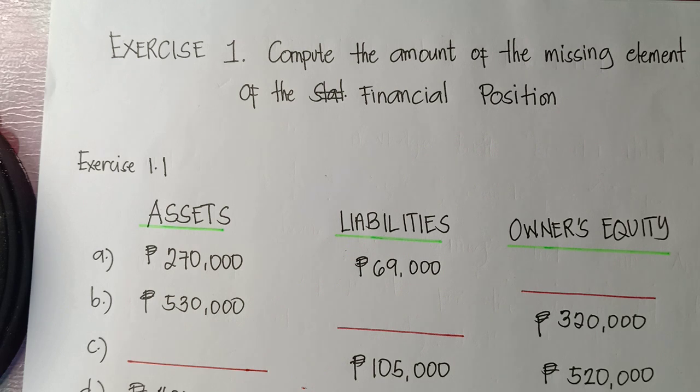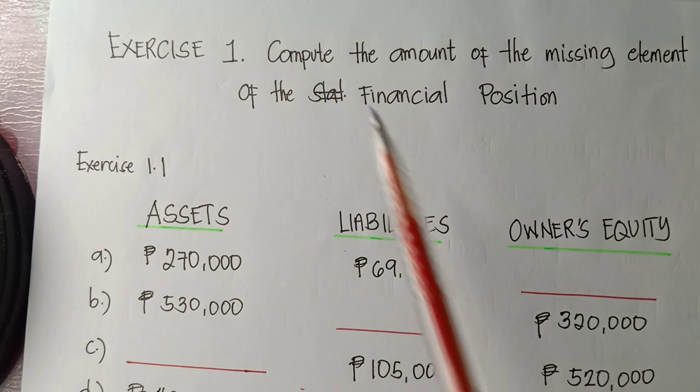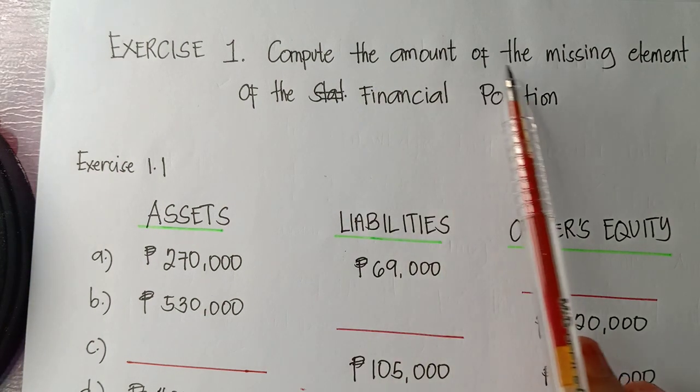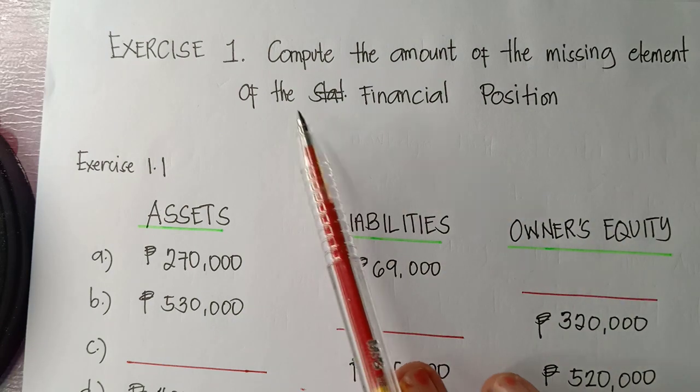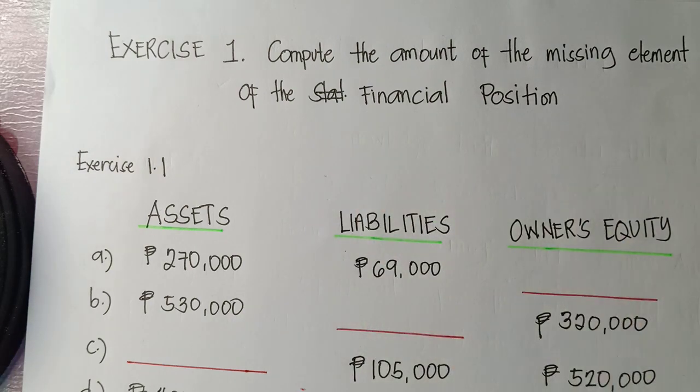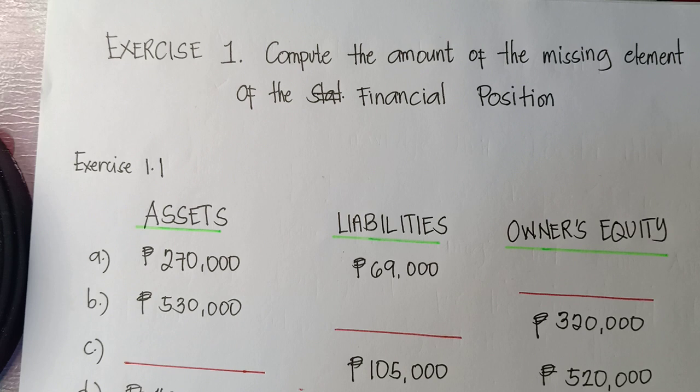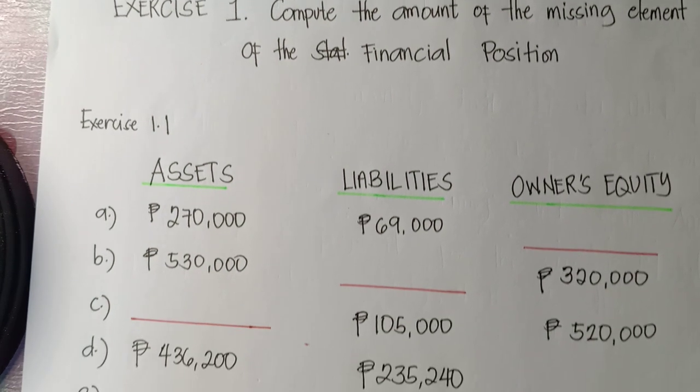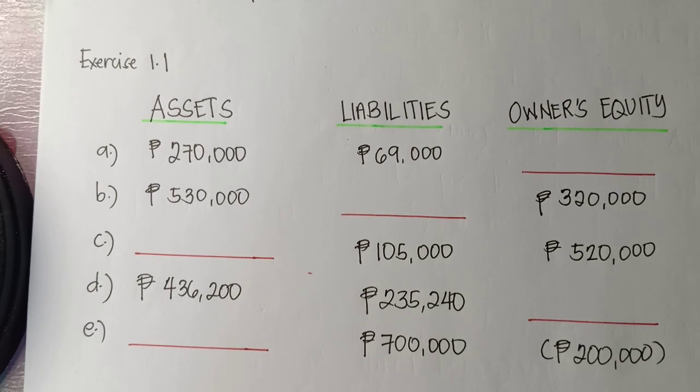So in our today's discussion, class, we will have an exercise about how we are going to compute the amount of the missing element of the financial position. So let's proceed. Here we have exercise 1.1.